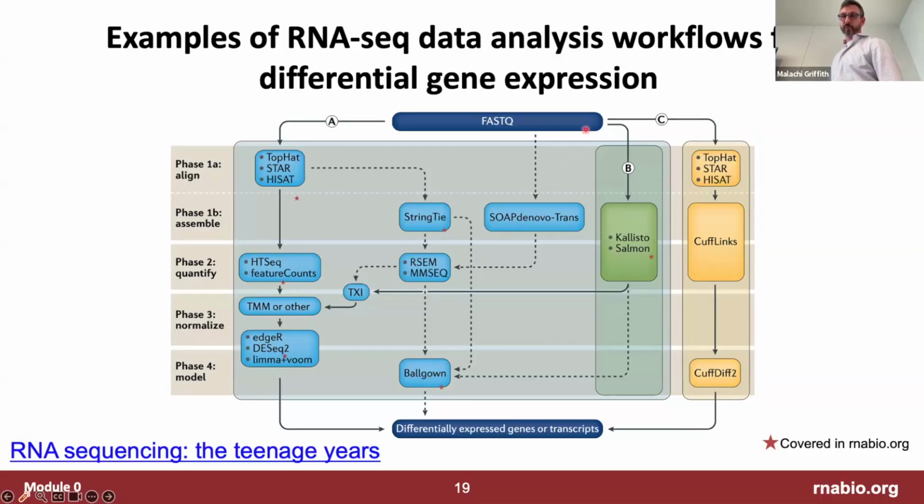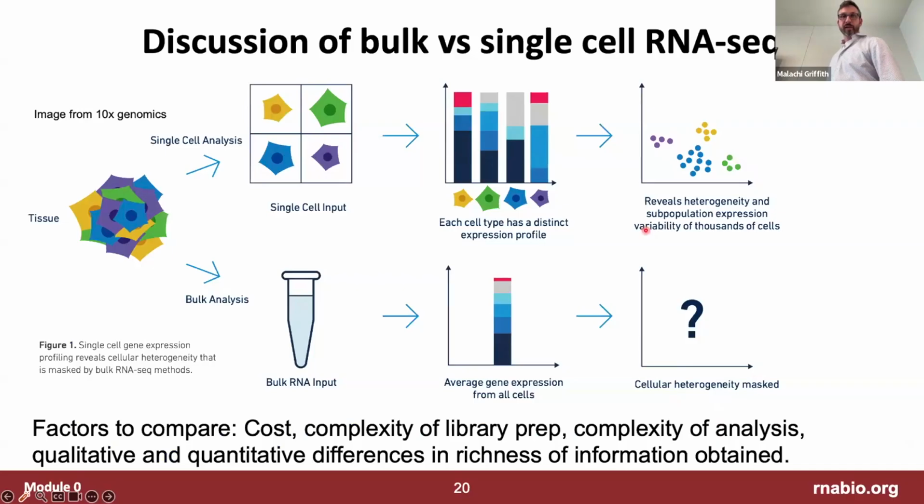And then the reference-free approach that I mentioned uses Kallisto and Sleuth to do the transcript abundance estimation and differential expression analysis. Okay, so I wanted to end this lecture with a discussion of bulk versus single cell RNA-seq analysis.